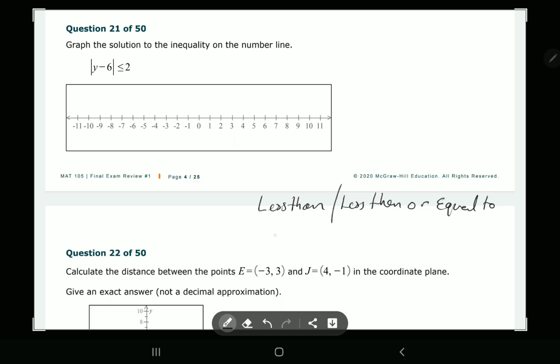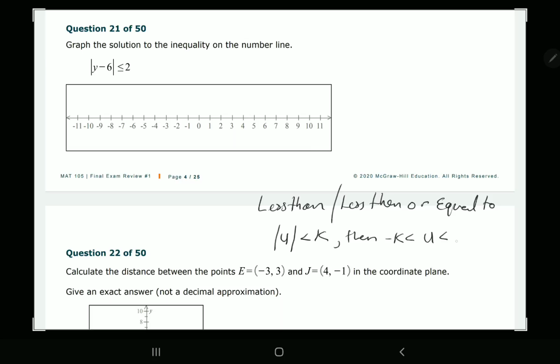Now, if the absolute value of some expression u is less than k, where k is a positive real number, then we can write that as a compound inequality where u is going to be between negative k and positive k.